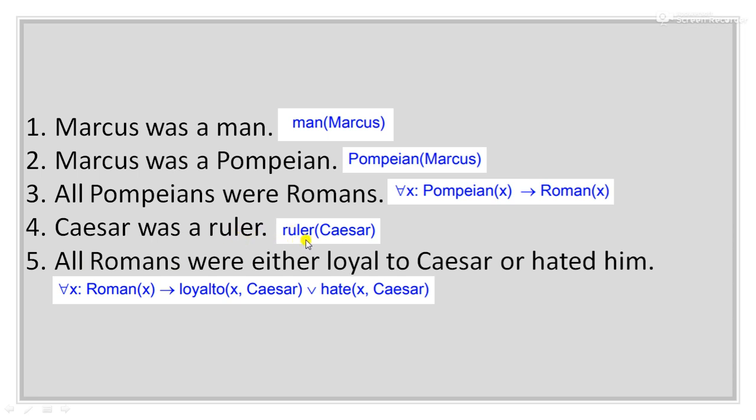For all x, Roman(x) implies loyalto(x, Caesar) or hate(x, Caesar). Now everyone is loyal to someone. For all x, there exists y such that loyalto(x, y).